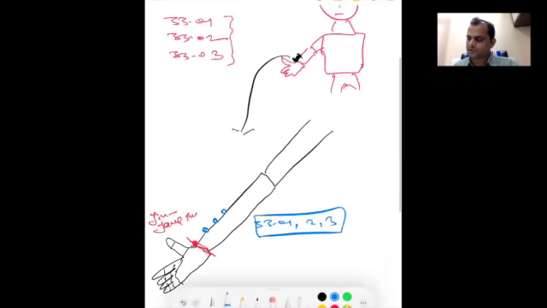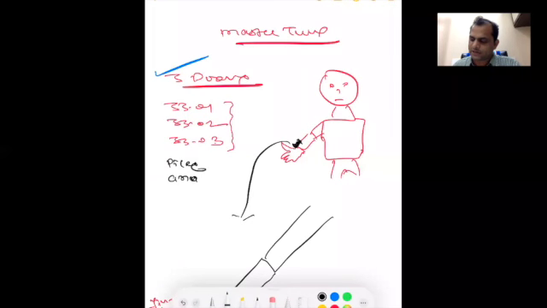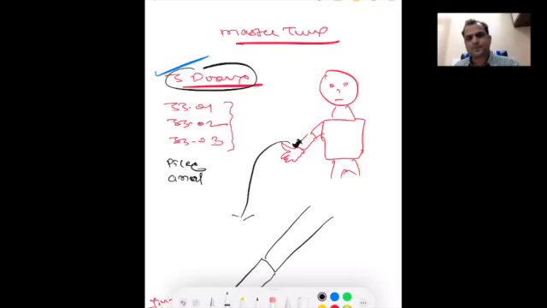And the name of these points is three doors. I told you that these points are very good for piles, any problem which is connected with the anus. And the meaning of three doors is that it is useful for all the three doors in the genital part.